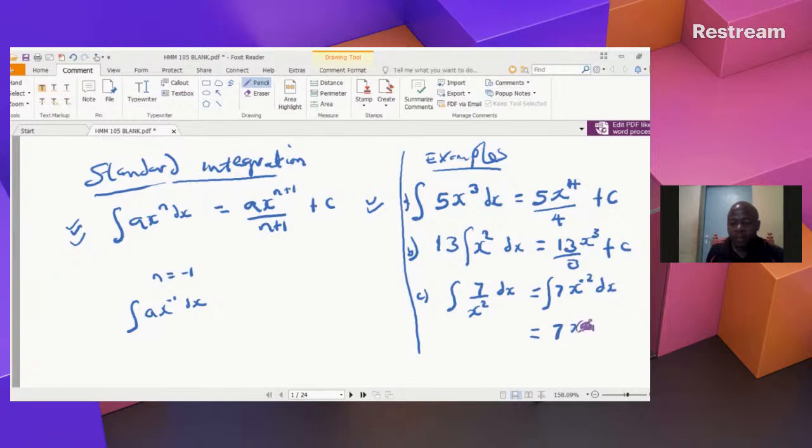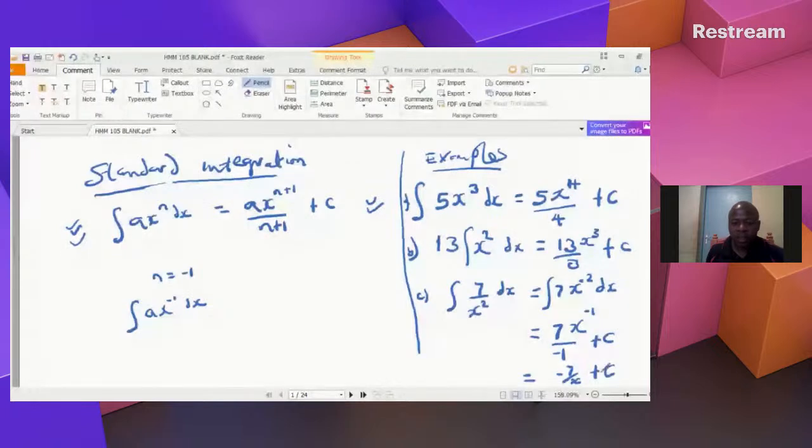For x raised to negative 2, negative 2 plus 1 gives negative 1, and then divide by negative 1, plus c. If you want, you can write this as negative 7 over x plus c as the solution.